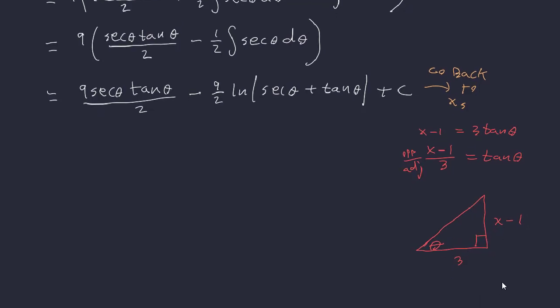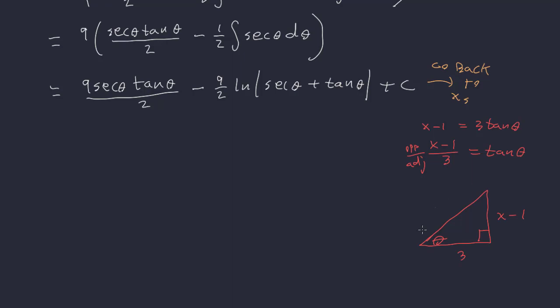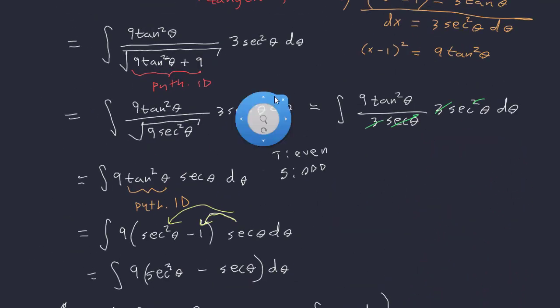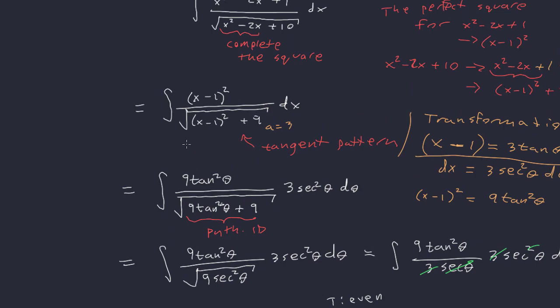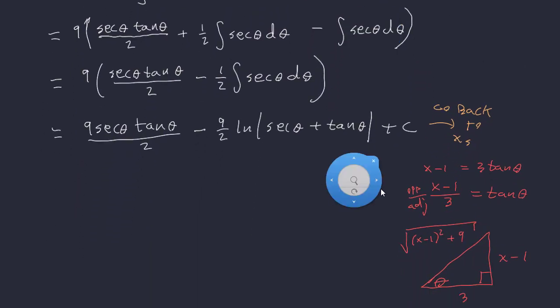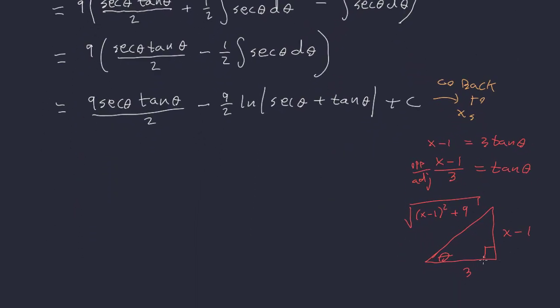And when we use the Pythagorean theorem, we're going to get the hypotenuse is x minus 1 all squared plus 9, which is not exactly what we started with, but it's what we were able to here reduce down to. Okay, so we had to do a little bit of algebra before we were able to finalize that. So that's going to let us finish this off.